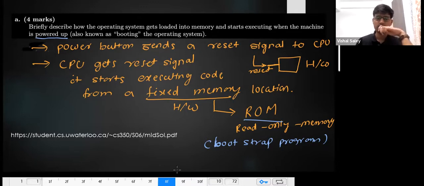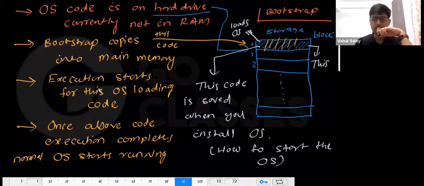Okay. Now there is one crucial part. In this bootstrap code itself, or whenever we are loading the operating system, we are interacting with hardware, right?